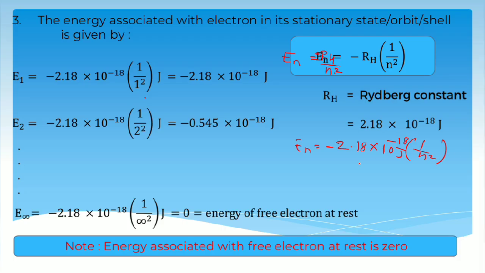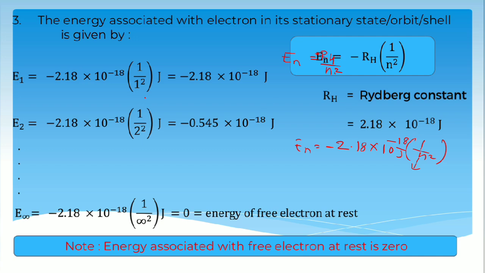Here n is the principal quantum number, and RH is the Rydberg constant, 2.18 into 10 to the power of minus 18 Joule. So this is the energy of the first orbit.